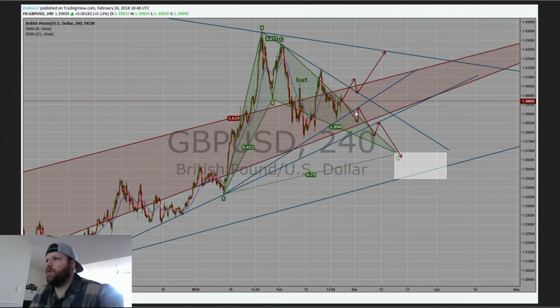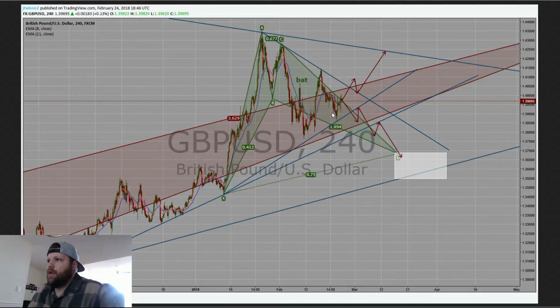Dropping down to the 4 hour, you'll notice I do have a bat pattern drawn that was not drawn last week, I do not believe, and the arrows represent where price needs to travel. To complete this 4 hour bat pattern, we need to see a few breaks and retests of some trend lines that are drawn.